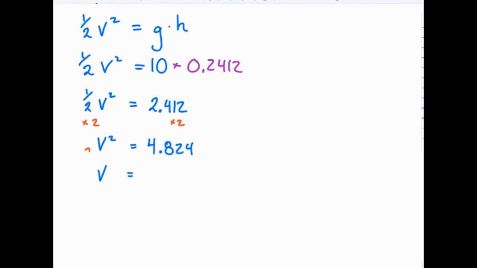So square root both sides. And I get a velocity of 2.196 meters per second. All right, so this is the velocity at the bottom. So that's my biggest velocity, which is great because that's where I'm trying to determine my tension in the string. So I need to know the velocity at the bottom so I can find the tension at the bottom.